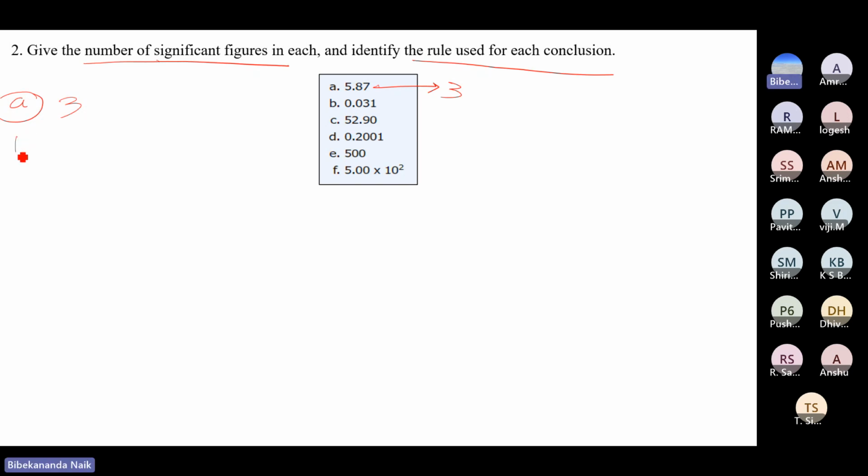Next, come to B. It is written 0.031. Can anyone tell me the number of significant digits here and what they are?